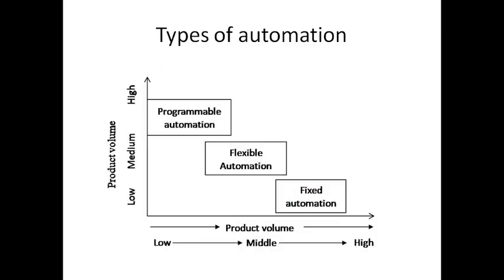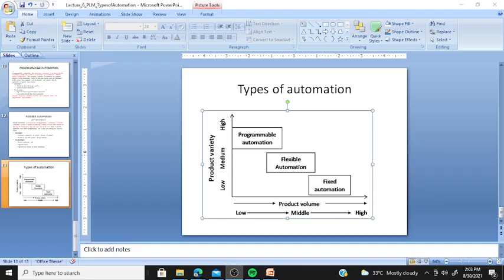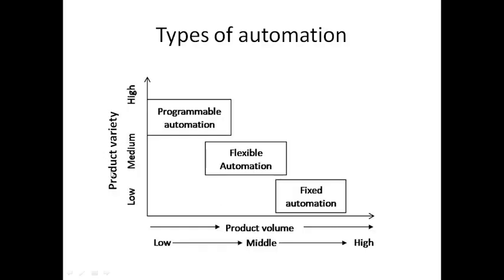And this figure gives you an overview of the comparison of these three kinds of automation. When you go for high product volume of production, fixed automation is the best one. On this axis you can see the flexibility in terms of product variety, and on this axis you have the product volume.